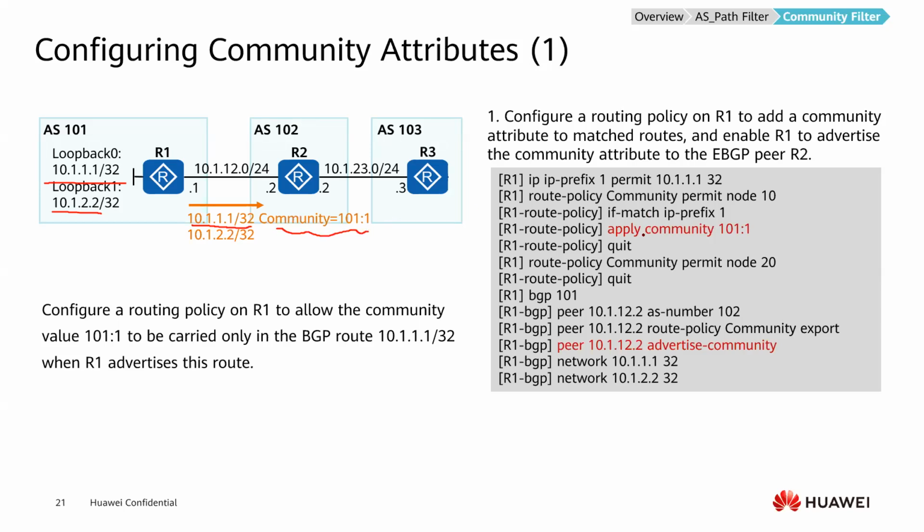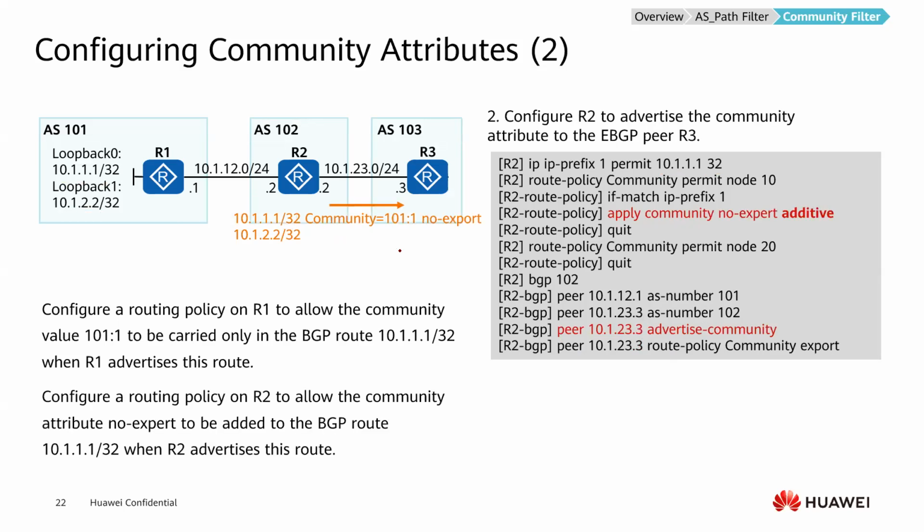So you need to use the configuration commands to configure the community, just like this. You use the IP prefix to match the route, and when you match the route, you apply the community to it. And then you use peer neighbor advertise-community to advertise this route to the neighbor. So when R2 receives this route, it will have the community attribute like this.